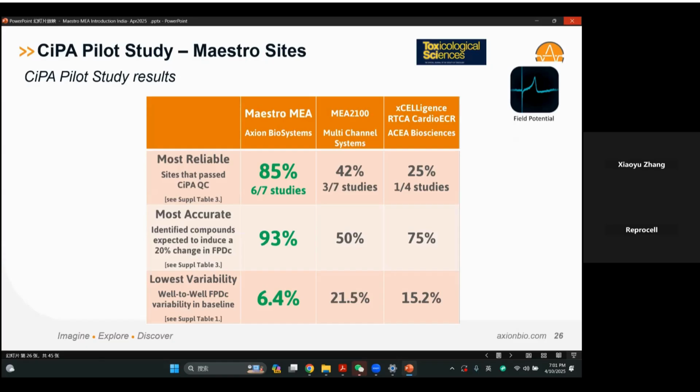All those data were published in Biomaterials in 2018. Remember, this is a multi-site blinded study. We are proud that the data from Axion MEA systems proved to be the most reliable and most accurate, with the lowest variabilities.